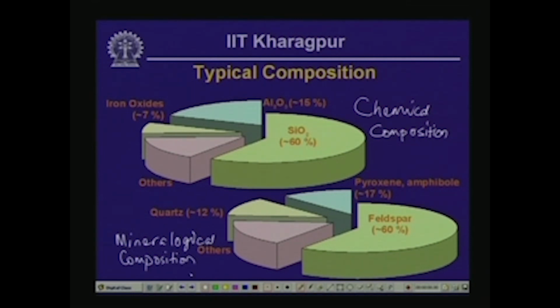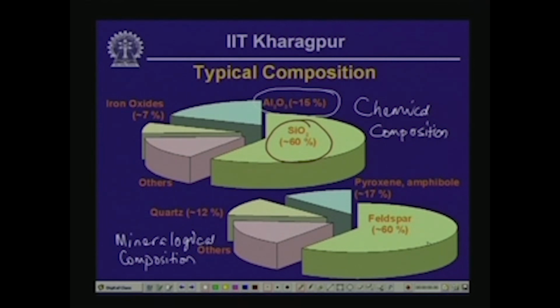So, you can see that silica forms a very large, by far the largest, proportion of an average magma, and the next in abundance is alumina.